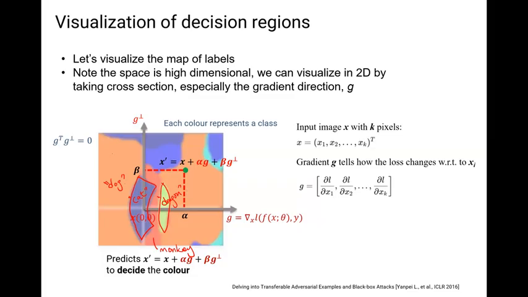So this map basically tells you that even within a small region, the label can suddenly change. This change will be especially significant along certain directions. Let me remove all these labels.